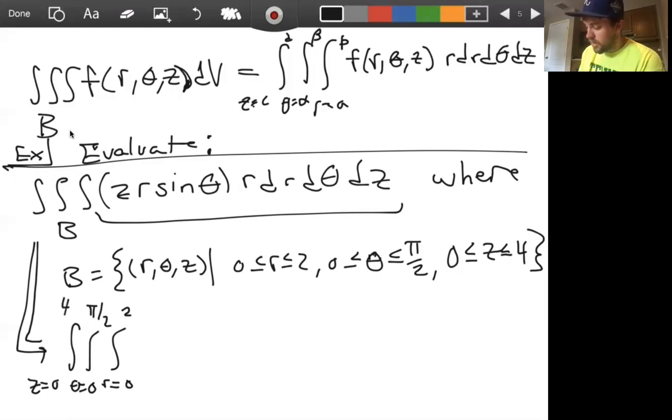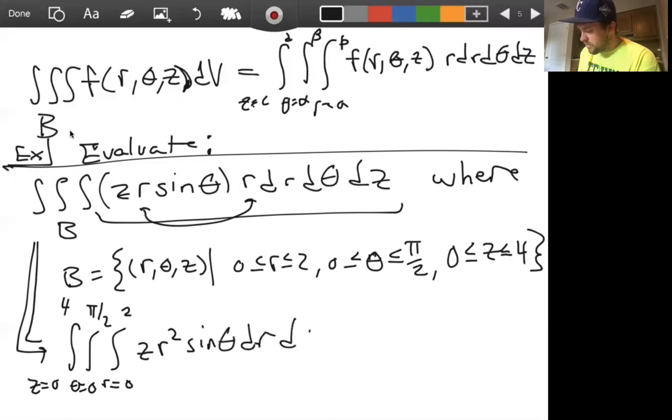And what are we integrating, right? We're integrating z r squared sine theta, because of the r sine theta times r, dr d theta dz. And now we have to integrate with respect to each variable.